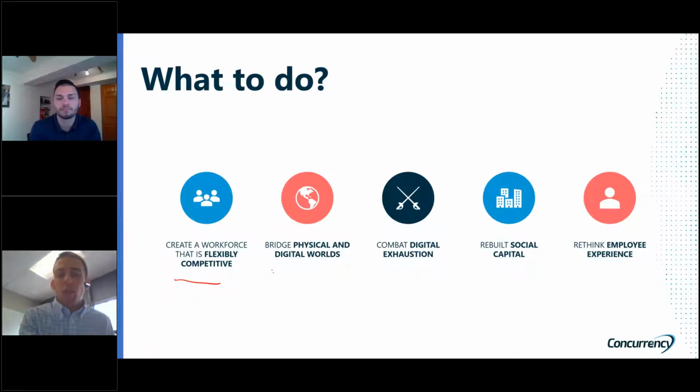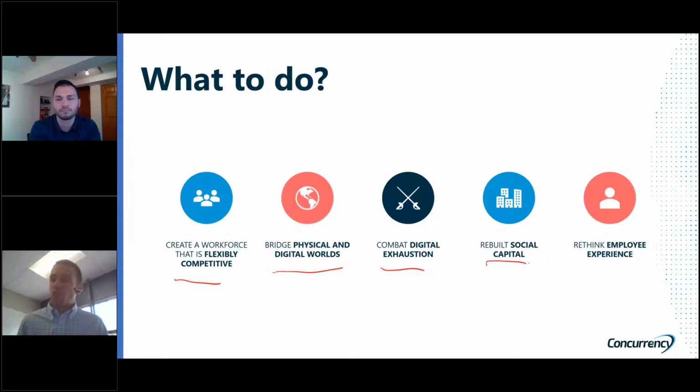It's also one that bridges the physical and digital worlds. If I have people that are working from home for the day or permanently working remote, and I have a whole bunch of people in a conference room in an office, how do I ensure that that's a meaningful engagement for both parties? How do I combat digital exhaustion in how we're working now?